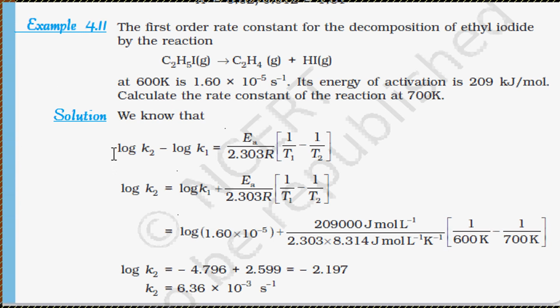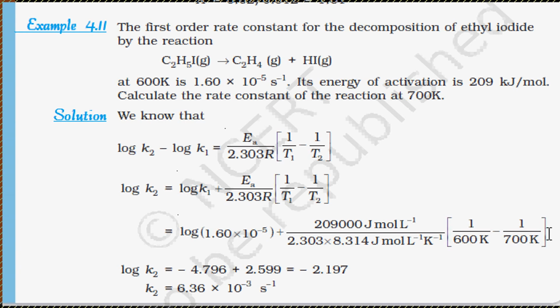So here we write down the equation, that is Arrhenius equation, and then we take K1 to the other side. So log K2 is equal to log K1 plus Ea upon 2.303 R into 1 upon T1 minus 1 upon T2. Now we substitute the values which are given.